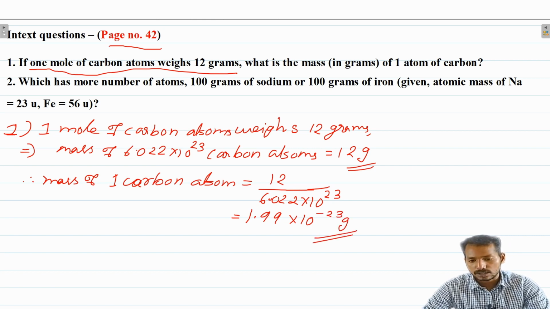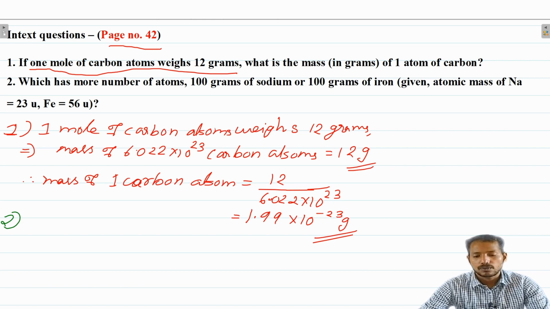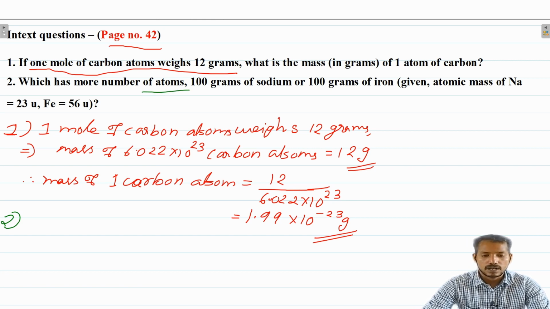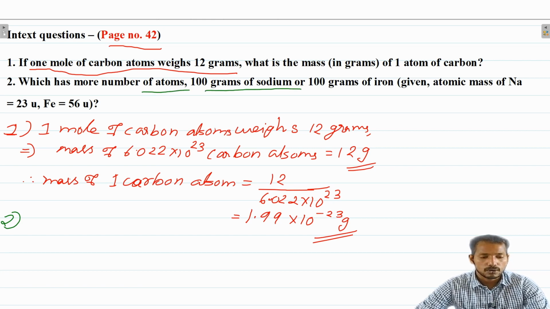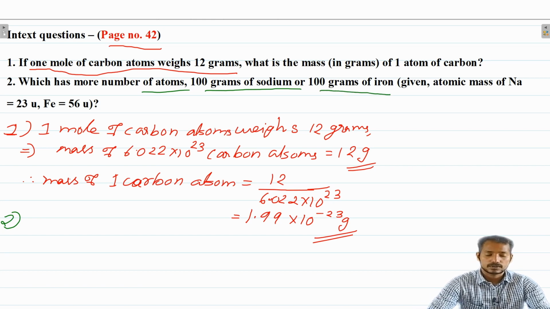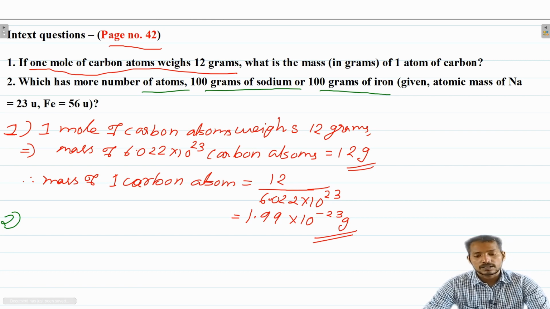Let's take one more question from the same page, question number 2. Which has more number of atoms, 100 grams of sodium or 100 grams of iron? Here we have to find the number of atoms and the mass is given.